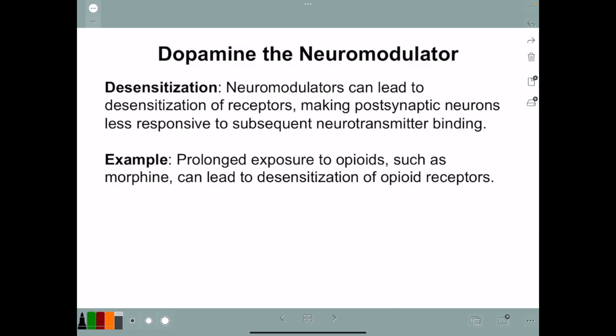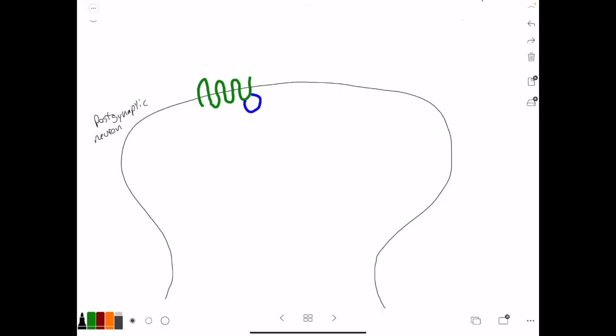And we have endogenous opioids because we have these opioid receptors that things like morphine and fentanyl and heroin bind to. It's because our own body produces its own opioids, such as endorphins, that bind to these. So let's take a look. There's no need here for our presynaptic neuron because we're talking about opioids, something that we're taking exogenously.